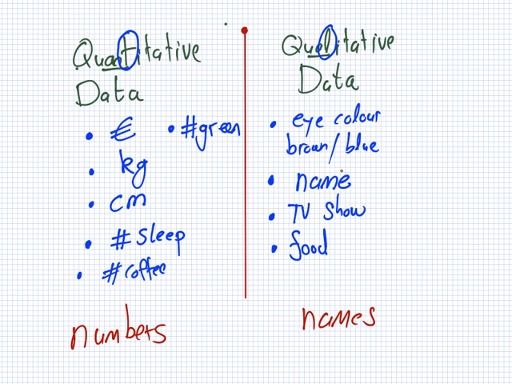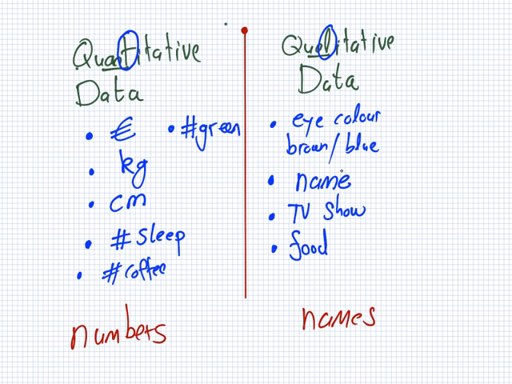Quantitative. I ask everybody their IELTS score. Quantitative. I ask everybody their grade, like A, B, C, D. That's kind of like qualitative.